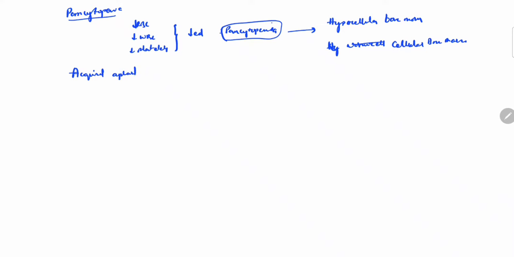aplastic anemia and constitutional aplastic anemia, like Fanconi's anemia and dyskeratosis congenita.